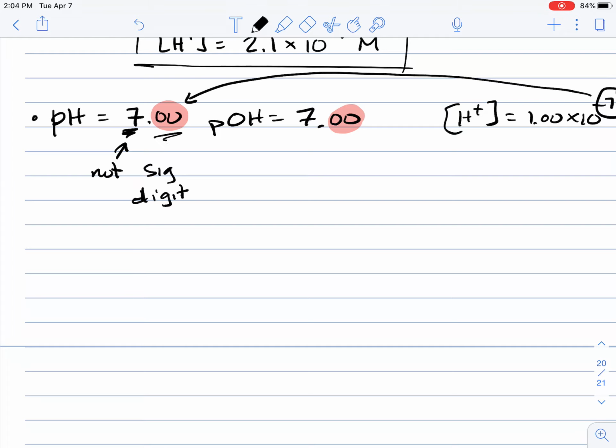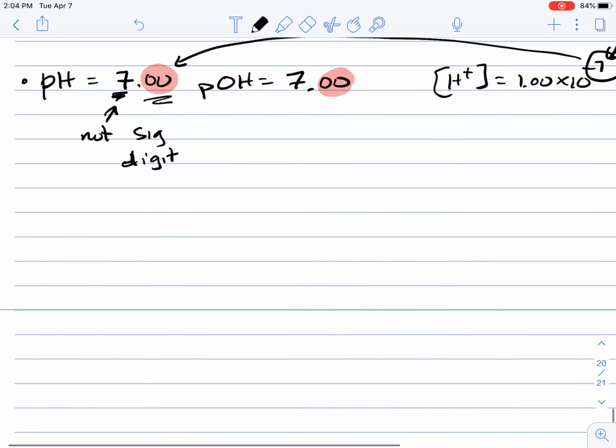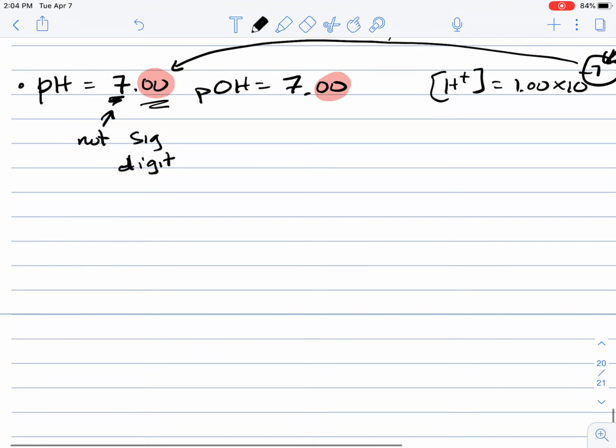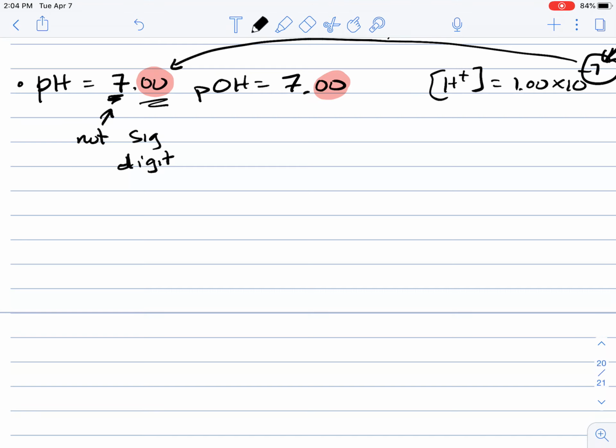So that's why it's always important for us to make sure that we have some numbers after the decimal, just so we have a significant digit in our concentration.